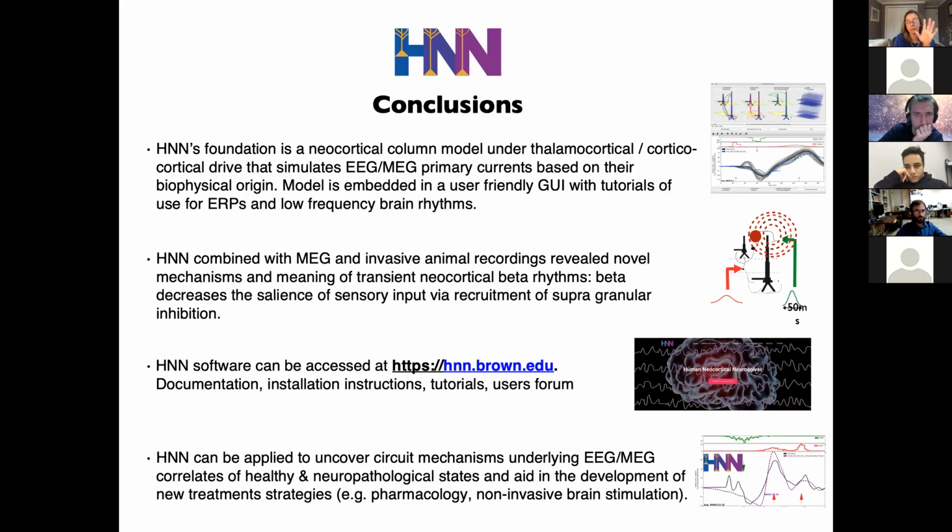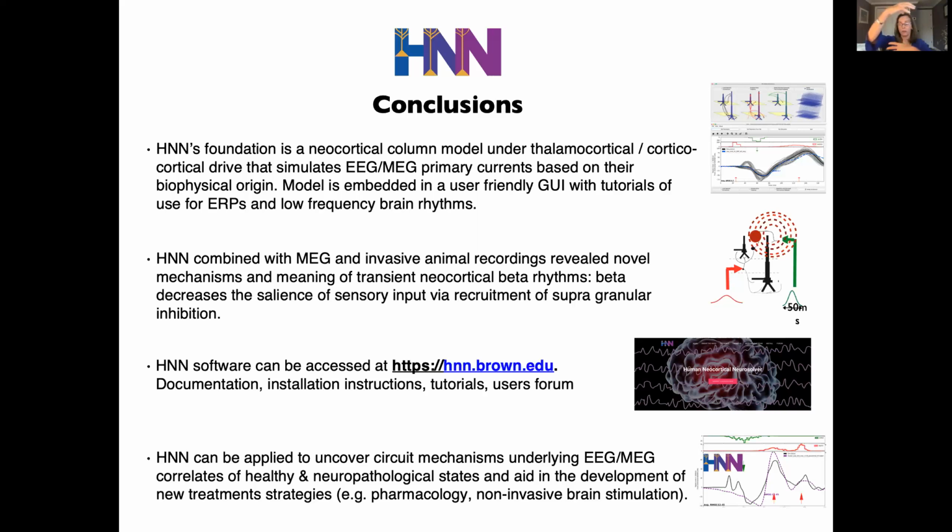I didn't focus on alpha in this study, but in S1, we see this alpha beta complex. And the model is predicting that this complex is coming from these two inputs. On any cycle, there's a stochastic nature of these inputs. If they come in together, you get a beta oscillation. If they come in slightly off, you get an alpha oscillation.